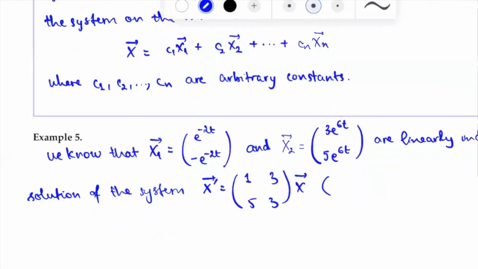So again, we have this result from example 2 and example 4.